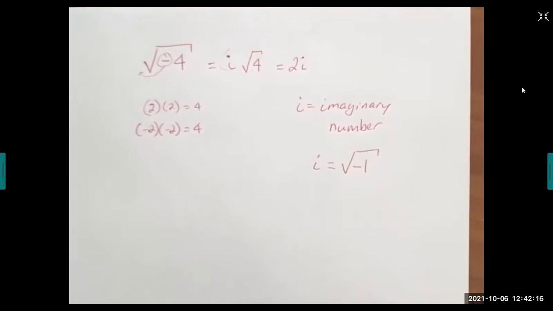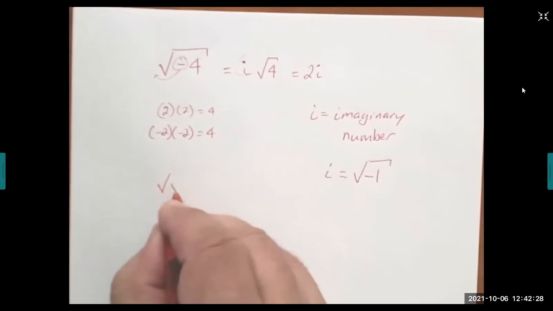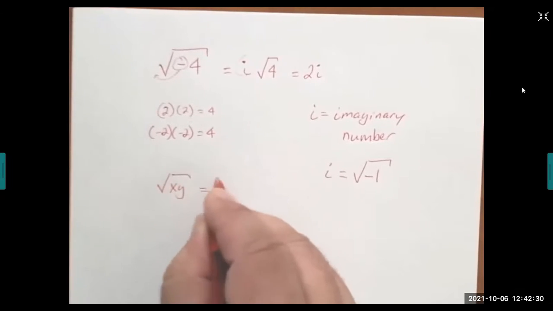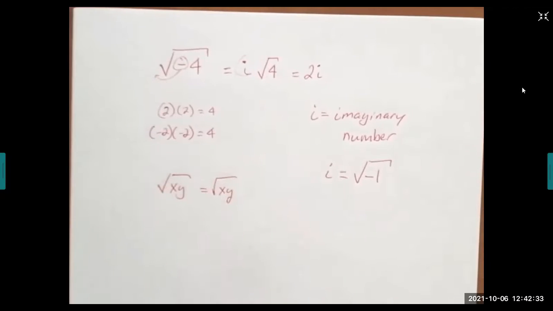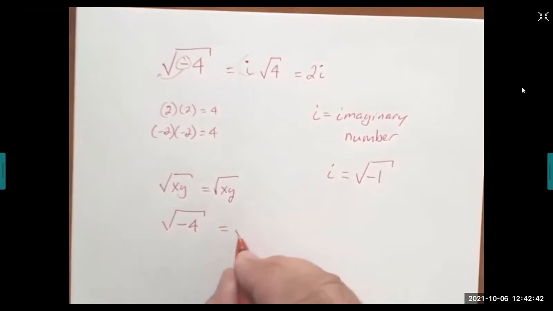It's imaginary. So now, with this concept, and what we just talked about a second ago, we can now have a better understanding of how to solve this. Negative 4 is actually negative 1 times 4.